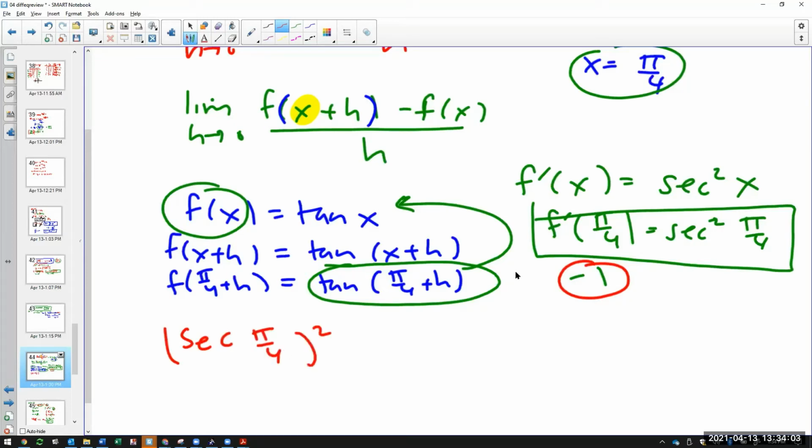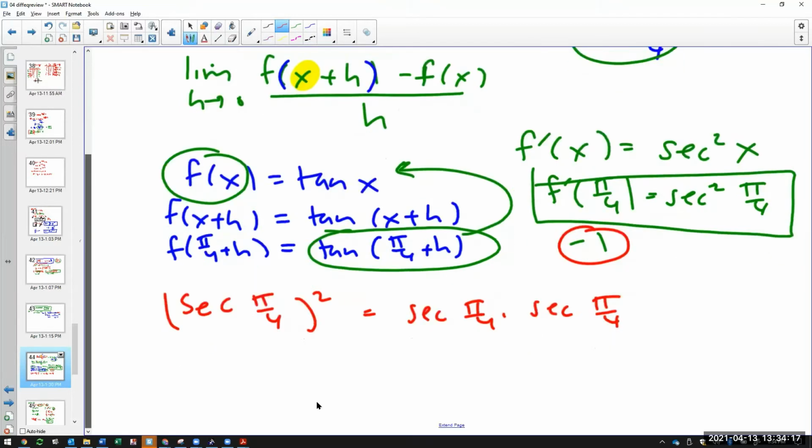Do you understand that? But that is actually equal to secant pi over 4 times secant pi over 4. Do you understand that? But there is no secant button on my calculator, okay? And while that bothers me a lot, I actually don't want any more buttons on my calculator. And I bought my calculator on sale, so for sure, it probably wouldn't work anyway.